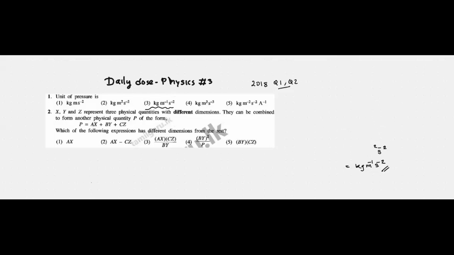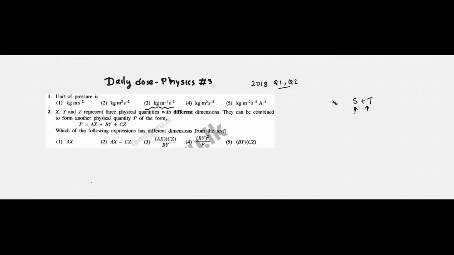So one thing that you should understand is, let's say you add two physical quantities. For example, I have a physical quantity called S, and I have another physical quantity called T. Now, if I add these two, what it means is that these two are of the same dimensions.